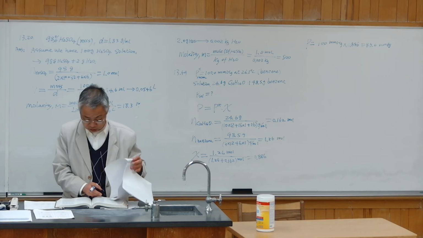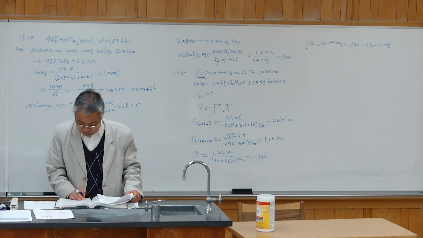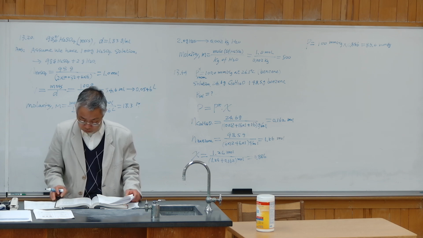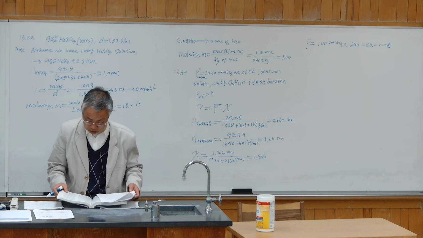Okay, let me show you solution 8. It is 21.2 gram of sodium chloride in 135 milliliter of water.